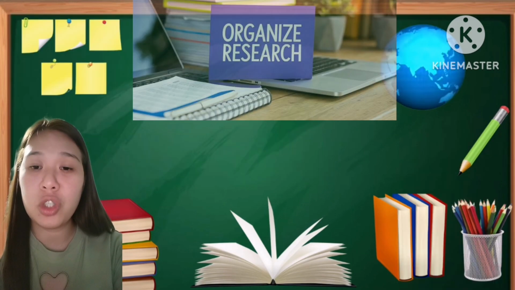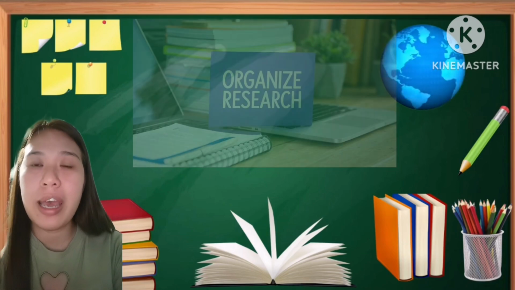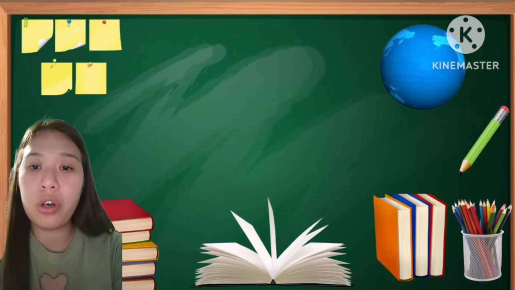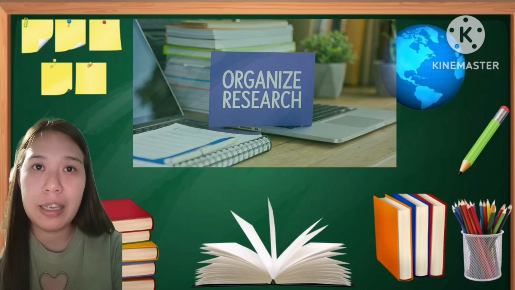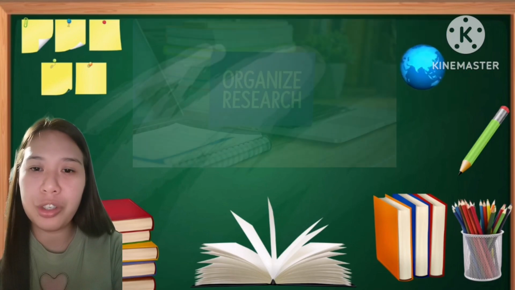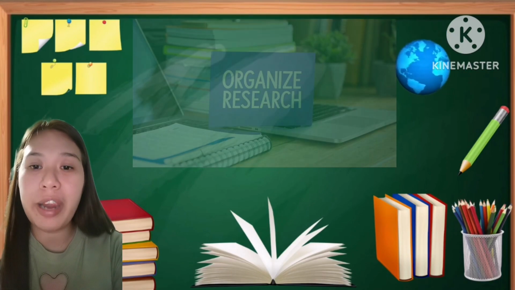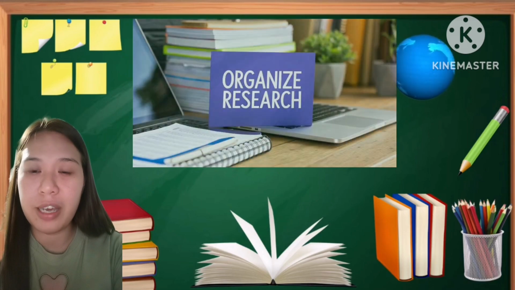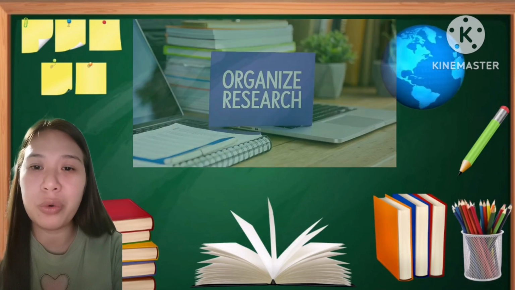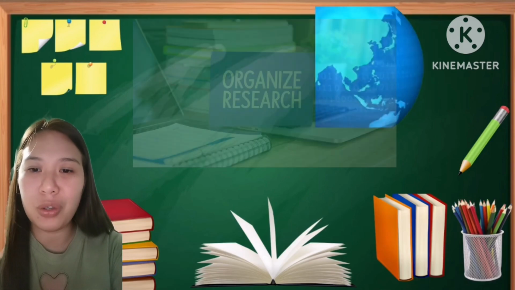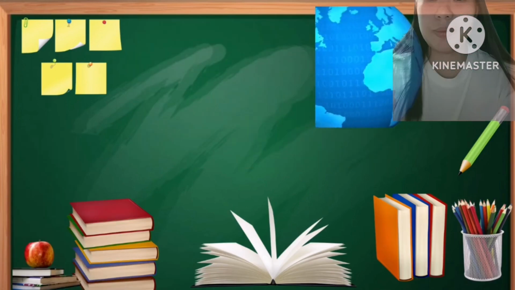The fourth one is to organize the literature thematically or chronologically. Group the literature into themes, trends, or chronological development, and create a coherent narrative. This helps the reader see how different studies relate to each other and to your research questions.